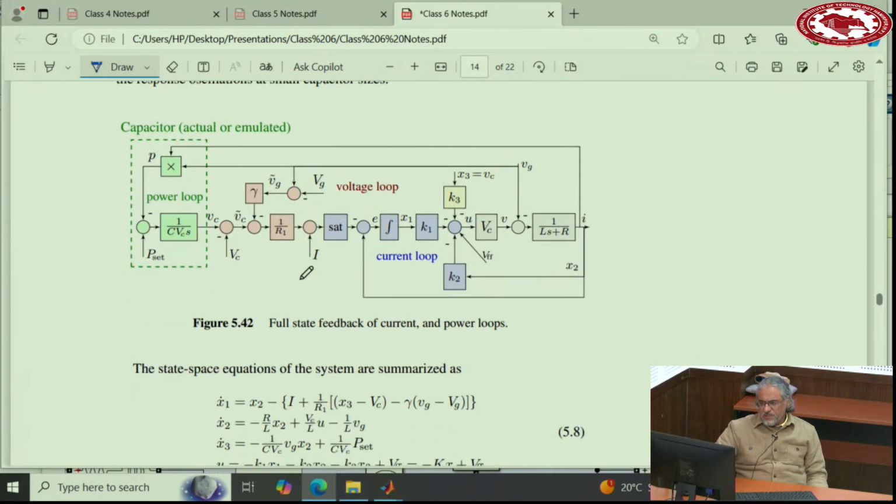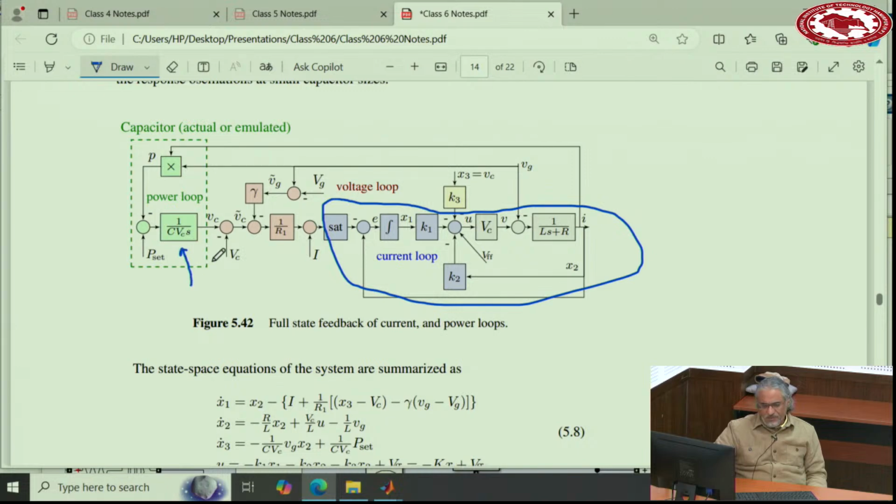Now, this is the thing I said, and it's not really important practically, but it's very interesting theoretically, and you may be able to use it in some of your research if you want. Here is the current controller we had. Then we added a virtual capacitor here, or even if it's an actual capacitor, right?